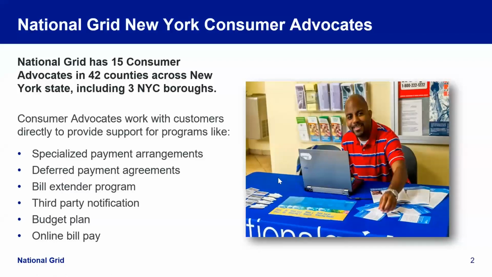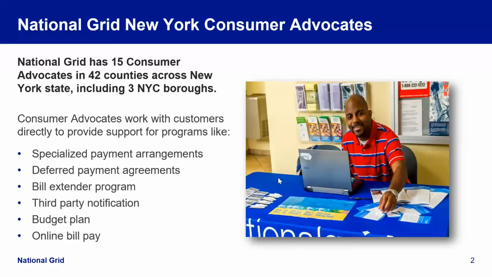We work with people to provide specialized payment agreements, deferred payment plans, and bill extender programs. I'm sure those are kind of National Grid language. Basically, we work with people who are unable to pay their bills. A lot of people have pretty large arrears.